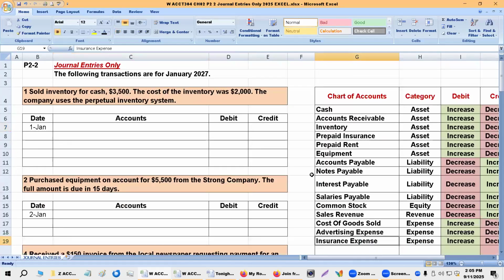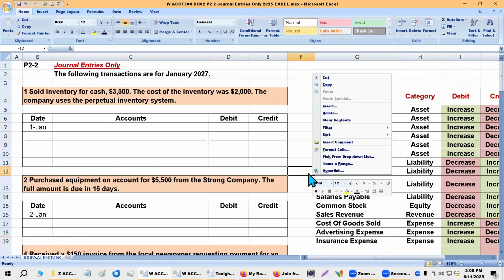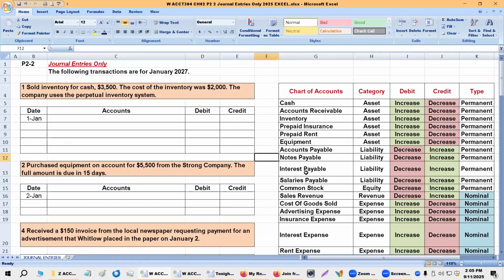For the first one, was it cash debited for 3,500? Yep. Then you credit sales revenue for 3,500? Yep.